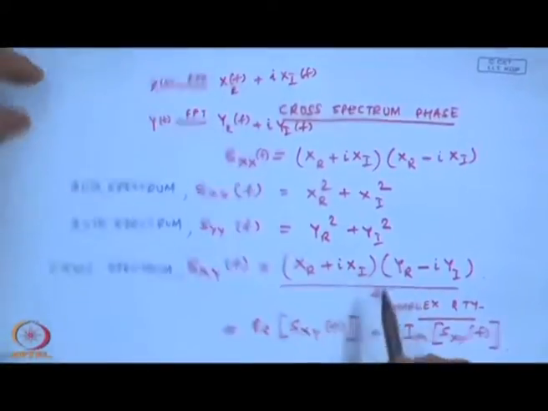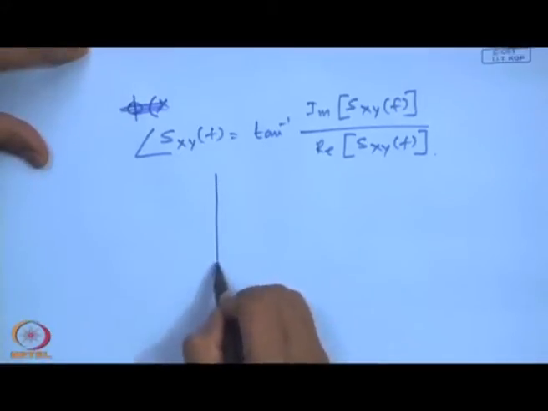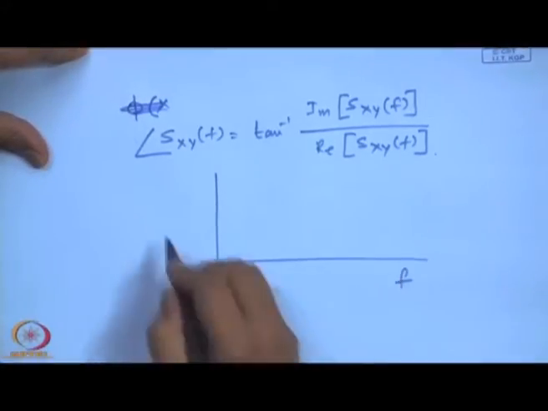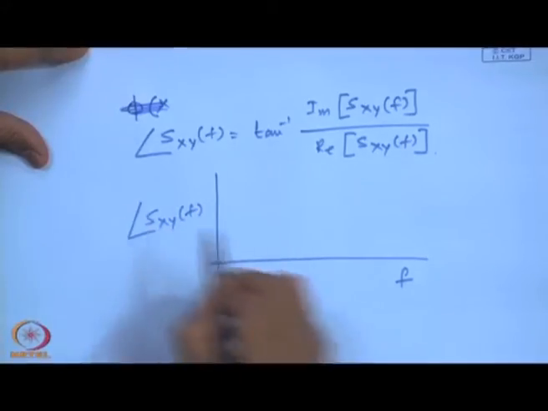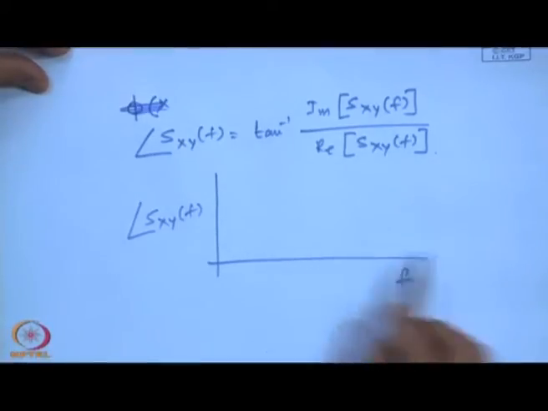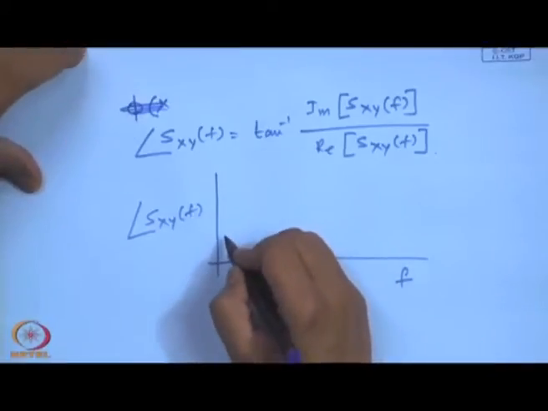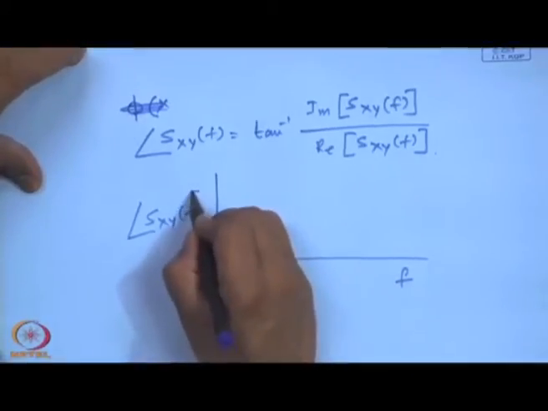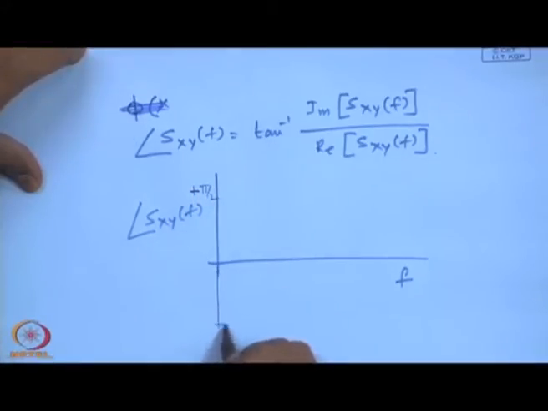And from this equation, if you multiply them, you can find out the real and imaginary. So, this phase angle, which is a function of frequency, will actually vary with time, and this will be from plus pi by 2 to minus pi by 2, okay.